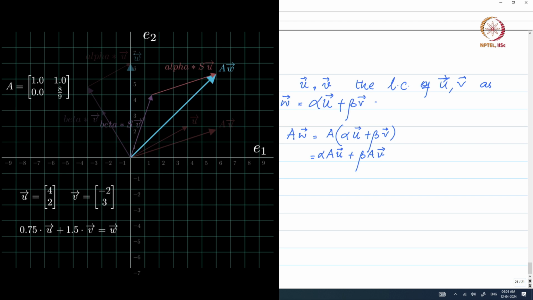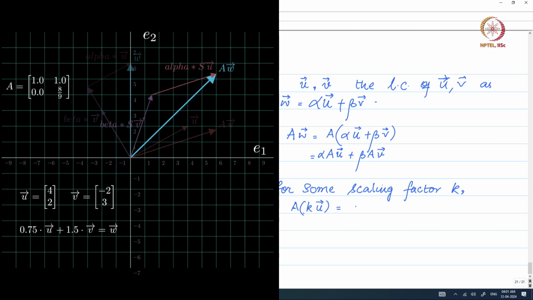In general, it also preserves scaling. For some scaling factor k, we have A into k u, where u is a vector and k is a scaling factor.